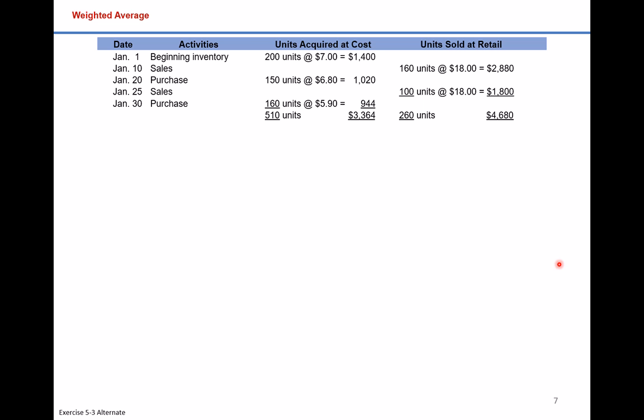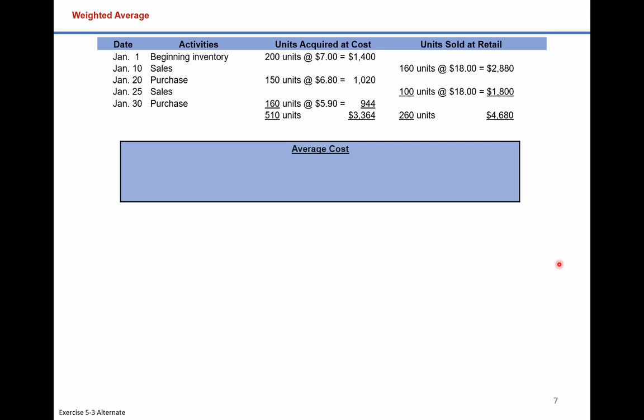It's the exact same data that we had before. Under the average cost method, we calculate things by taking the cost of goods available for sale. Remember what number that is? The cost of all of the goods that were available to sell during the period, $3,364. We divide that by the number of units available for sale. That was the 510 units.